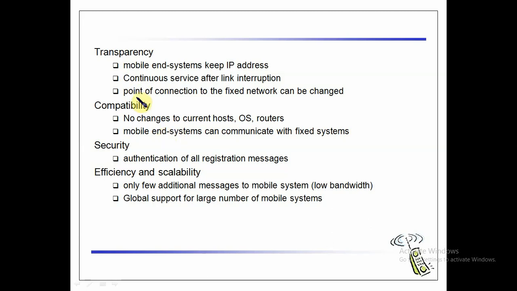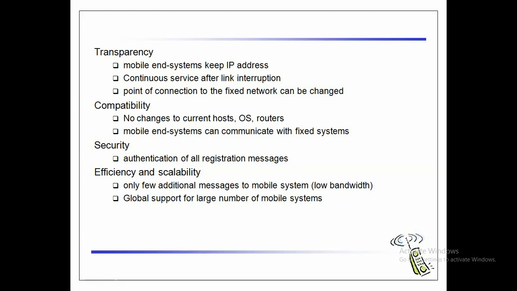Here is the first requirement, that is transparency. The mobile end system keeps its IP address. Transparency means mobility should remain invisible to many higher layer protocols and applications.